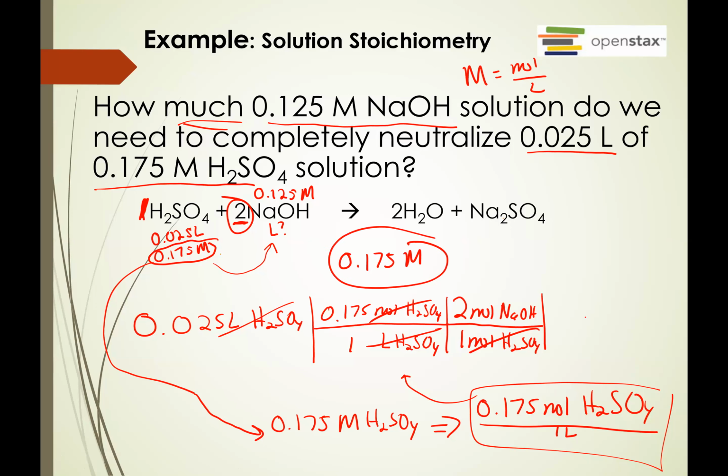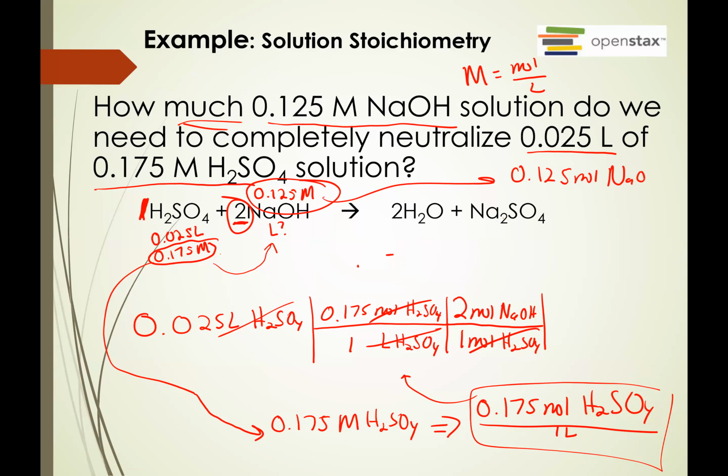Now, when we look at our next one, that 0.125 means 0.125 moles of NaOH over 1 liter. Do you see a way that we could use that in here? Yeah, if we put the moles of NaOH on the bottom, 0.125 moles of NaOH over 1 liter. And our units cross off.